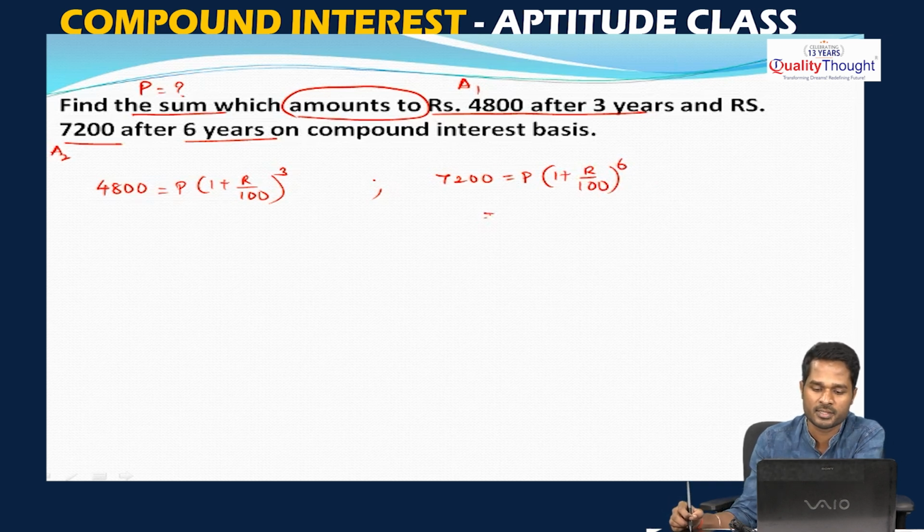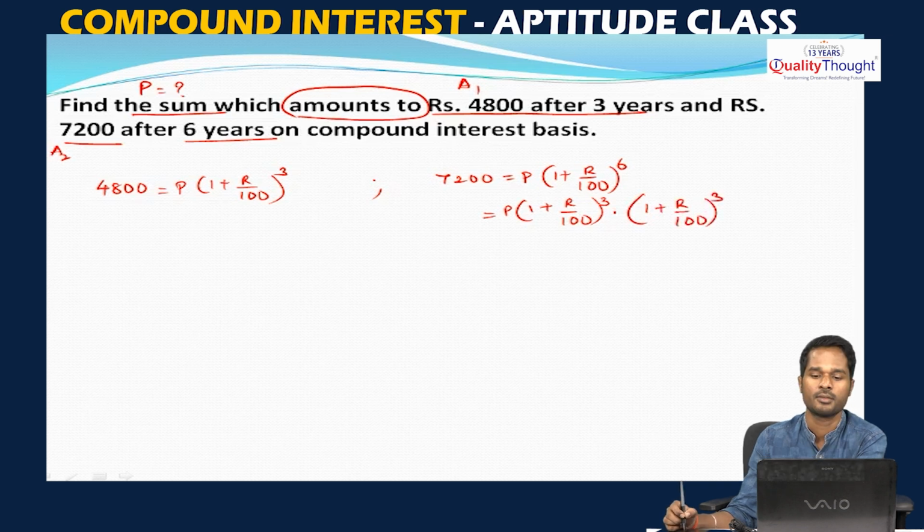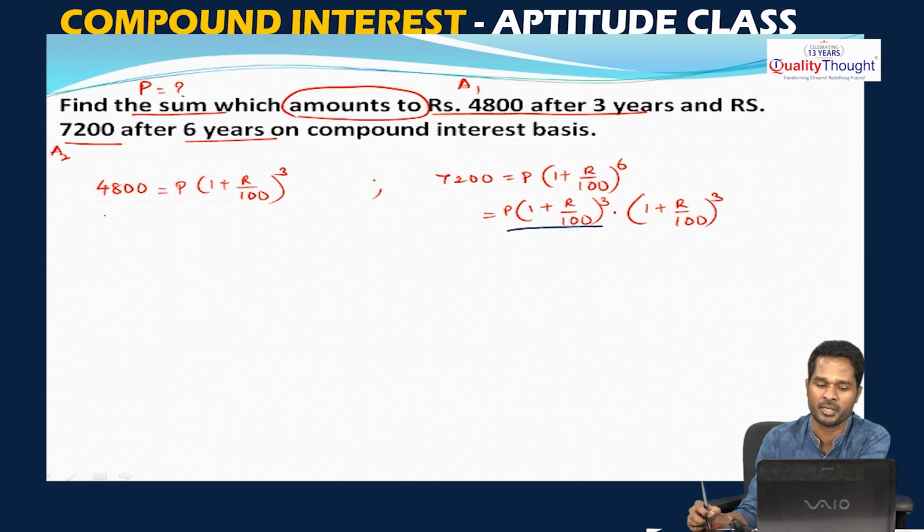Now to simplify this, I will write this (1 plus R by 100) whole power 6 as two cube parts, like P into (1 plus R by 100) whole power 3 into (1 plus R by 100) whole power 3. This whole power 6 I have made into 2 equal parts. Now check this part, P into (1 plus R by 100) whole power 3 is nothing but 4,800.